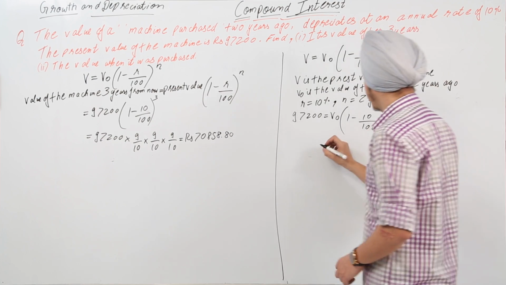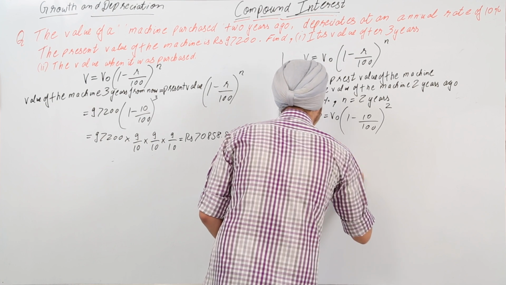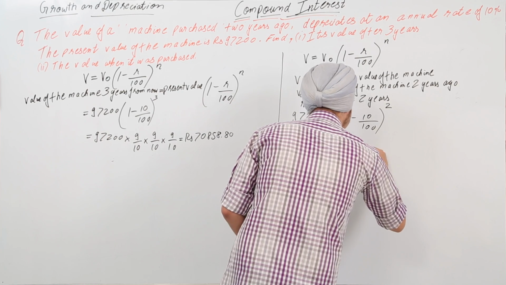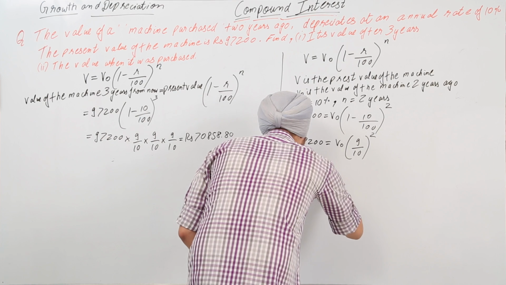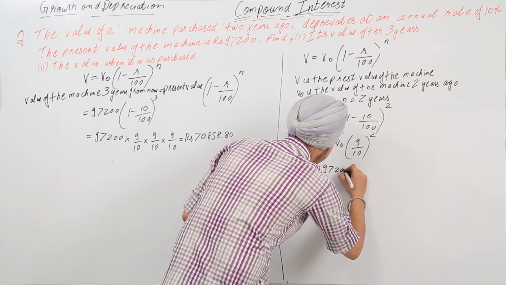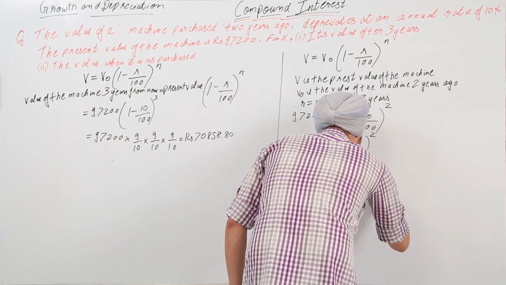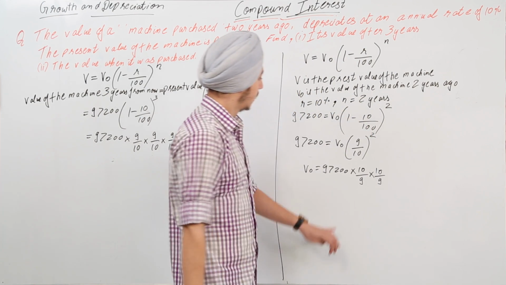So from here we get 97,200 is equal to V naught into 9 upon 10 whole square. So V naught is equal to 97,200 into 10 upon 9 into 10 upon 9.